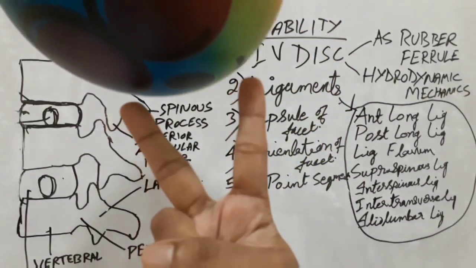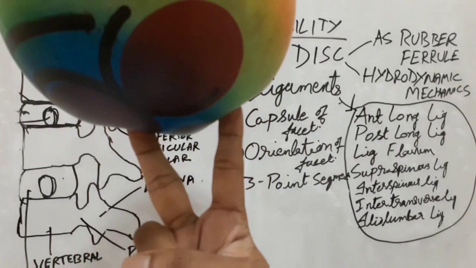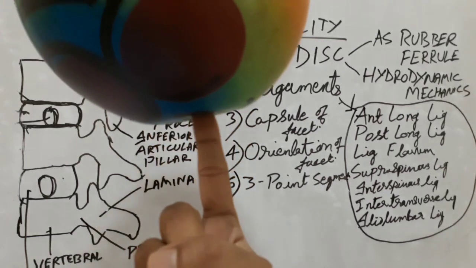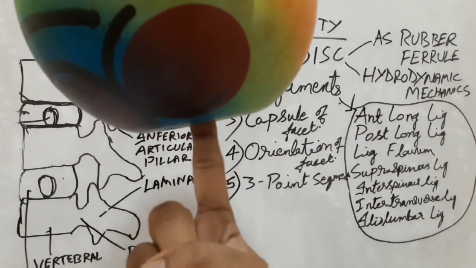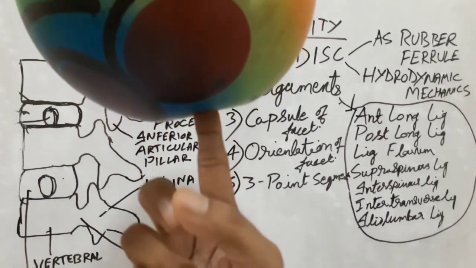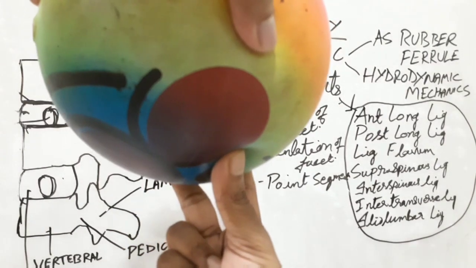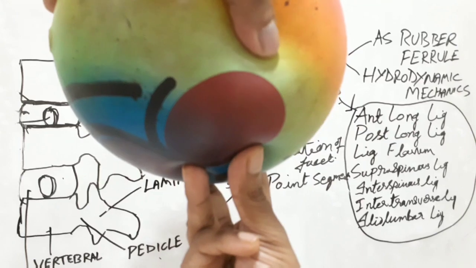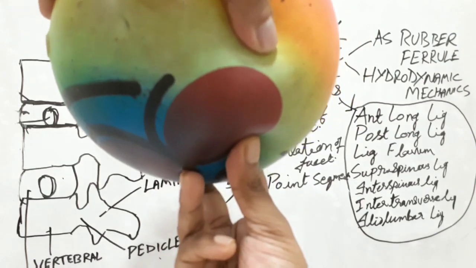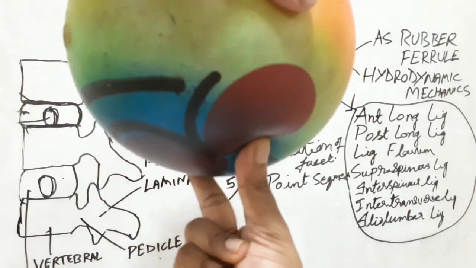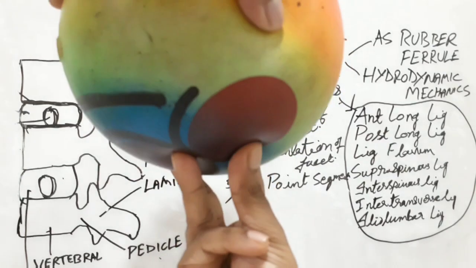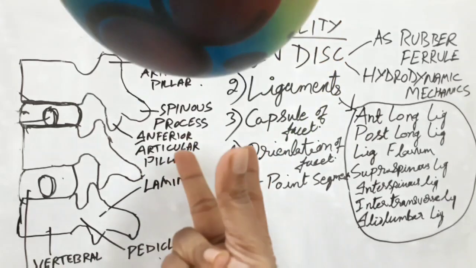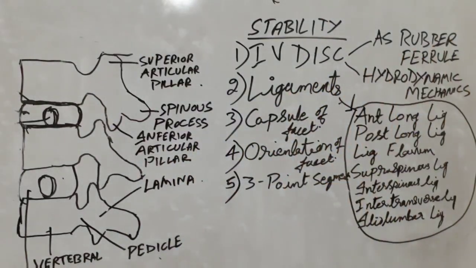Suppose there are 2 points, it is more difficult, and with 1 point, it is most difficult. 3-point is stable, and obviously 4-point will be more stable. But when you can do the job with 3 points, why do you want 4 points? So 3 points is good enough to hold the weight.